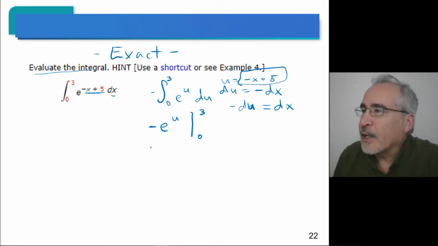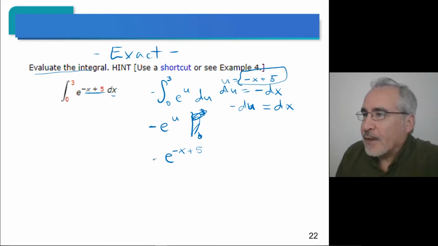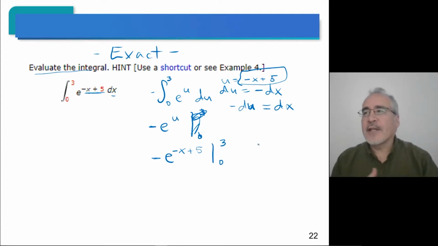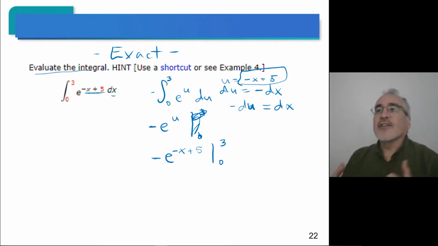Maybe it's not a good idea to put these here yet, because these are not u's, these are x's. Let's do our back substitution first. Let's not forget the negative that's in front. And now let's put our limits of integration. Get it all nice and clear.